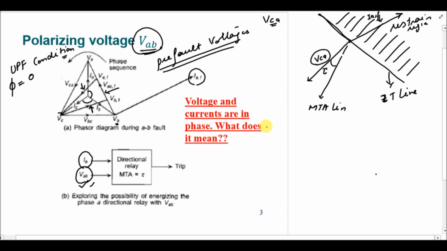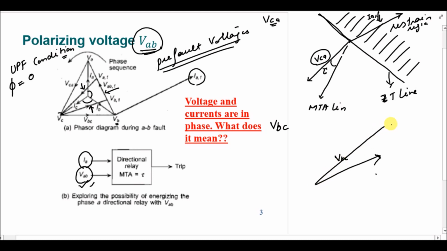Now the last voltage that can be taken as a polarizing quantity is VBC. So this is your VBC after the fault has occurred. So the direction of VBC is this, right?